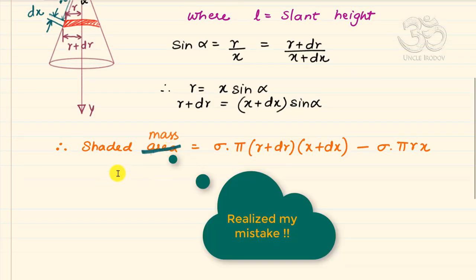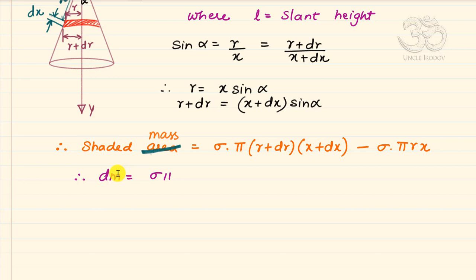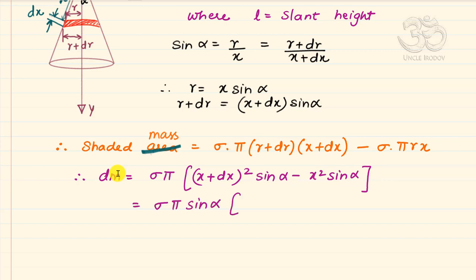So the shaded mass will become dm is equal to sigma pi taken common, and you are going to have x plus dx whole square sine alpha minus x square sine alpha, and which will give you sigma pi sine alpha times x square plus dx square plus 2x dx minus x square.